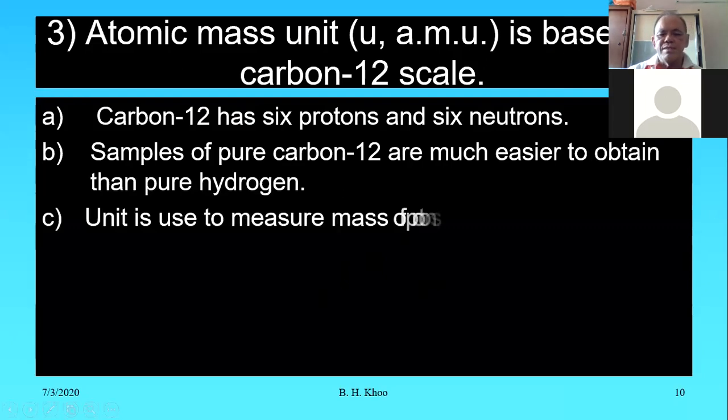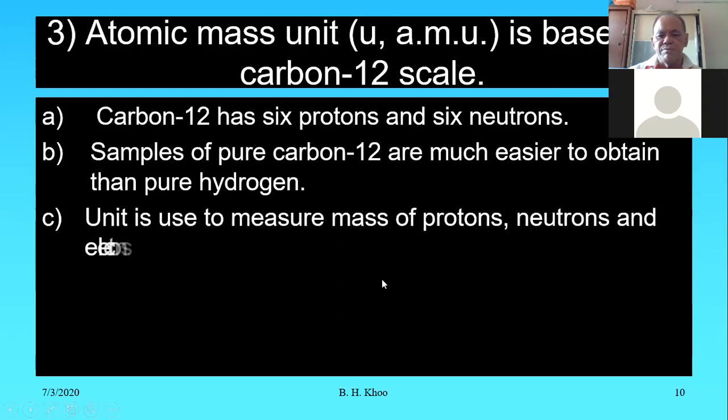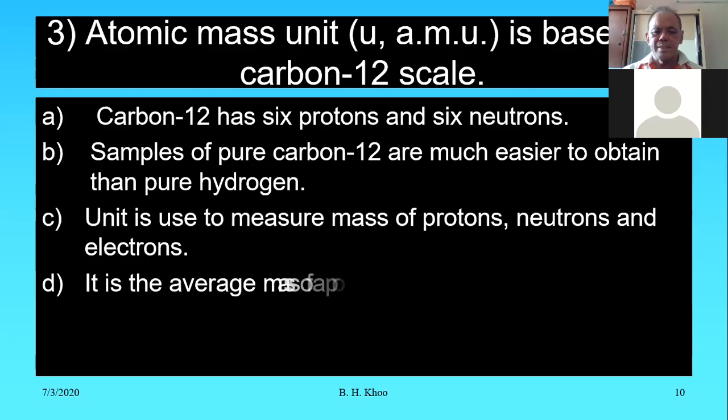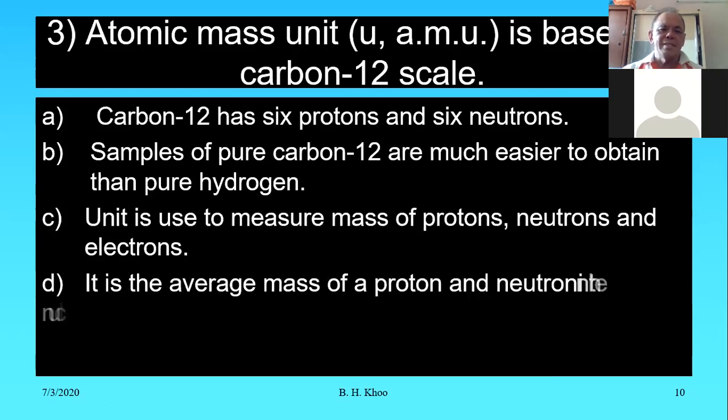The unit is used to measure the mass of proton, neutron, and electron. Usually we don't want to use 10 to the power minus 27, minus 31 always, but when we use atomic mass unit, we can work with small numbers. And remember, the atomic mass unit is the average mass of a proton and neutron in a nucleus of carbon-12.